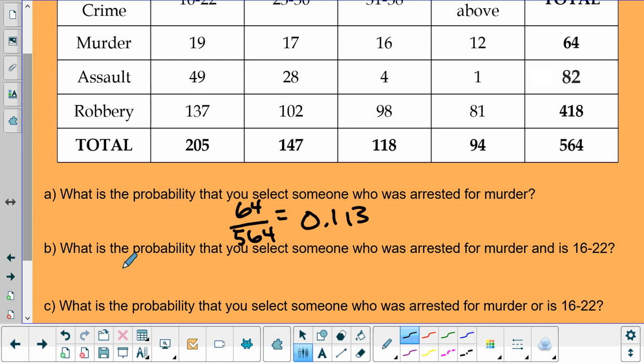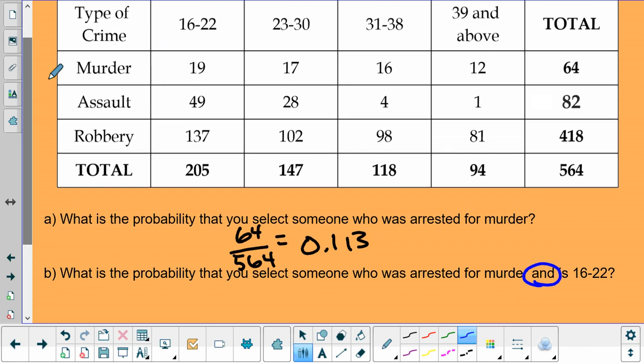Let's look at the next one. It says, what is the probability that you select someone who was arrested for murder and is 16 to 22? When you see that word and, that means you want both of those things to be true. So I'm looking at the arrested for murder row and the 16 to 22 column, and the number of people who fit both of those qualifications is 19. This is a both probability. If we weren't looking at a table, we would multiply these two together.